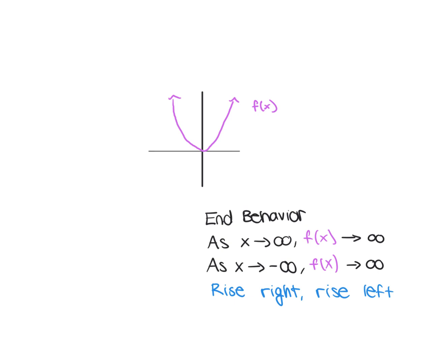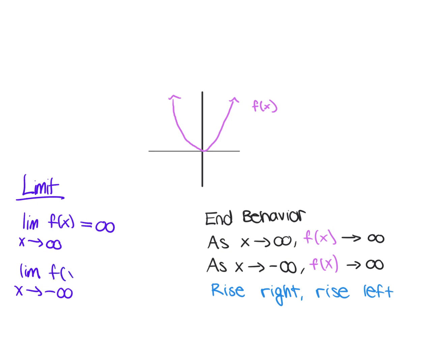And then the limit notation, which it's good to learn no matter what math class you take, even if you don't take calculus, you would say the limit as x goes towards infinity of f of x is infinity, and the limit as x goes towards negative infinity of f of x is infinity.